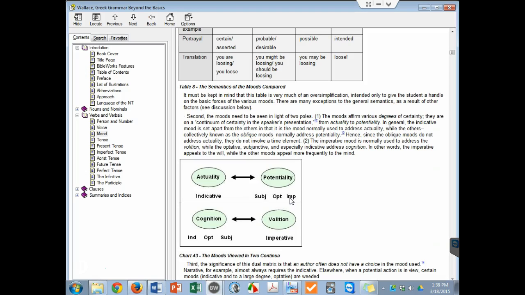So volition is the primary target of the imperative mood, whereas cognition is the primary target of the indicative mood. When I say something in the indicative, I want you to understand, I want you to think. Okay?